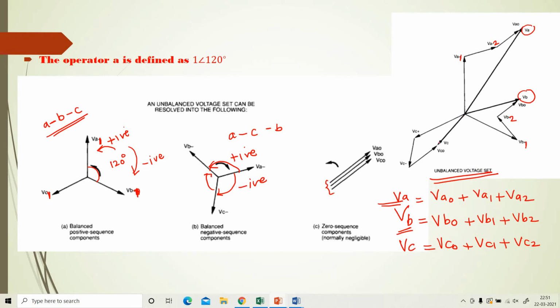And see VC, this is VC1. Next, this direction, VC2, then VC0. All are combined together to form VC. Okay, these are the three unbalanced voltages equated with the three components: positive, negative and zero sequence component.